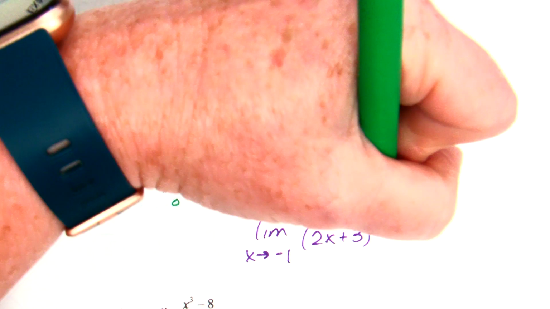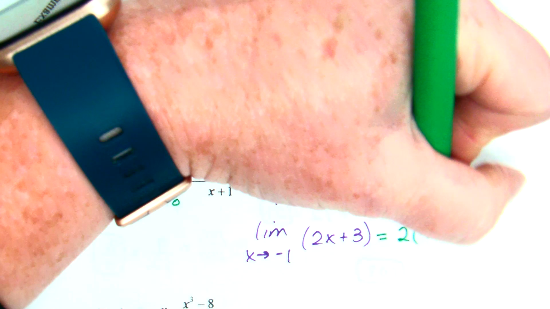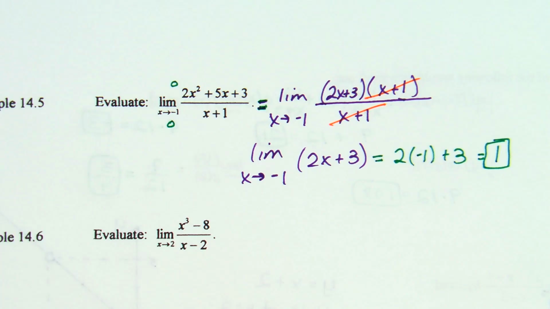And now I'm ready to say 2 times negative 1 plus 3 is 1. Yep. And keep in mind, guys, you can check any of these you want with a graph. But what you can't be doing is relying on the graph to find them right now. That's just not an option.